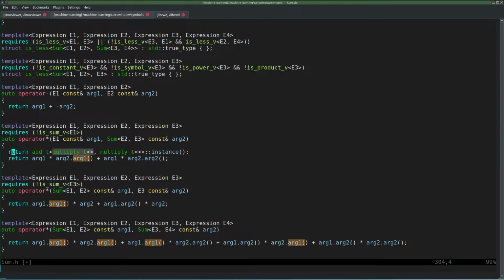Okay, the first multiply is between argument 1 and e2, argument 1 type. And the second one is between e1 and e2, arg2 type.